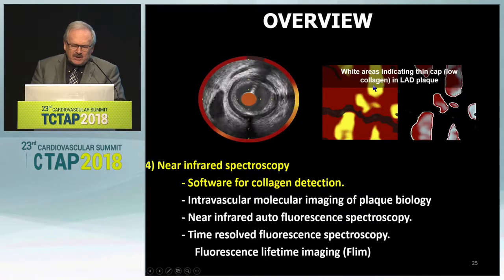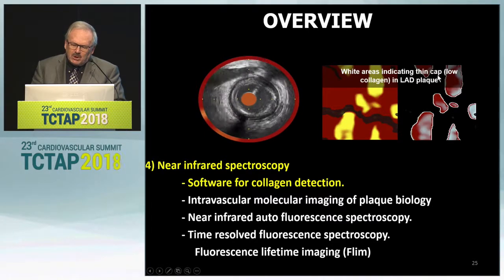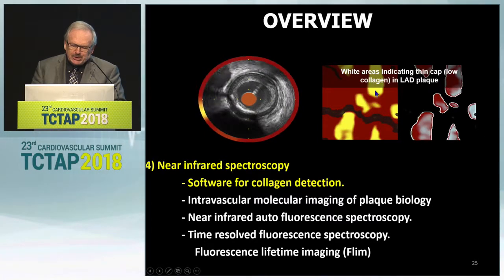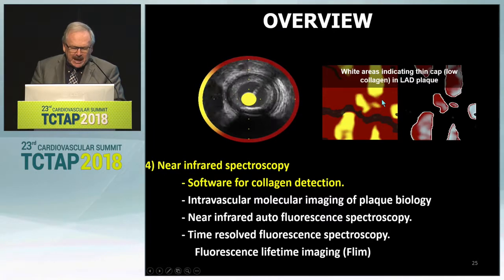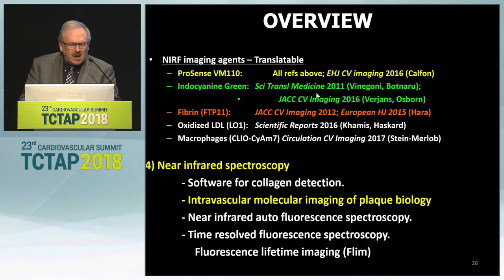We have now an extra software for collagen detection so that you could see the vulnerable plaque without a thick cap. There has been a lot of progress in intravascular molecular imaging of plaque biology. This is a marker for early stage of atherosclerosis. You can use indocyanine green.